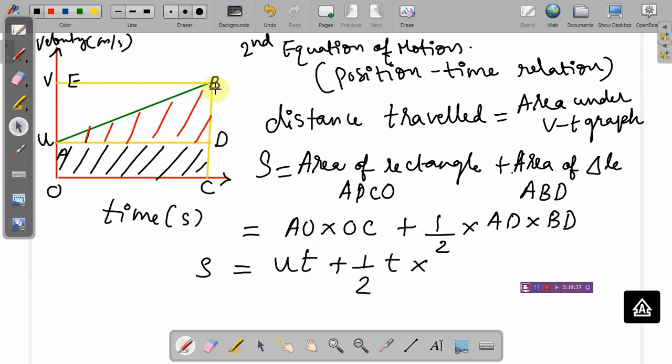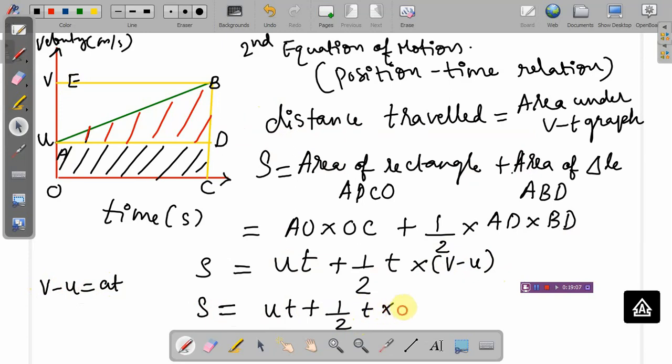If I have to express BD in the form of change in velocity, you have seen in the previous equation, BD is the change in velocity, that is V minus U. So as per the first equation of motion, V minus U is equal to A multiplied by T. If I substitute this in this equation, I will get UT plus half T multiplied by AT.